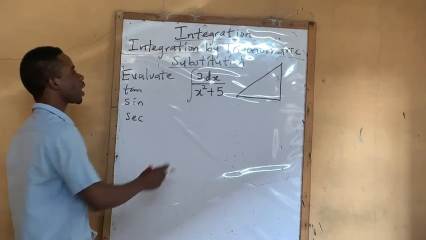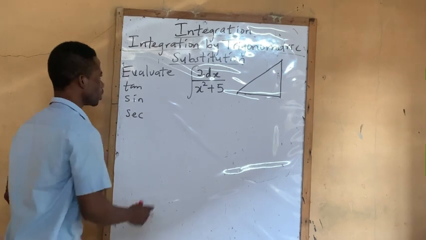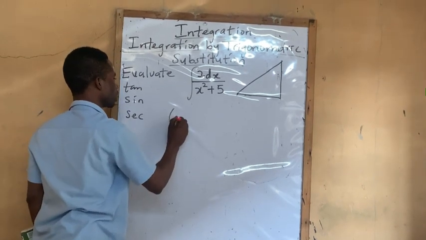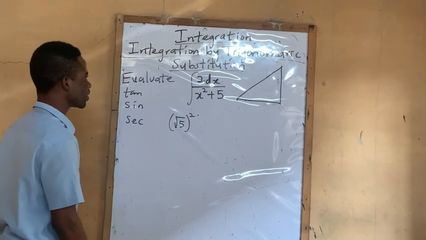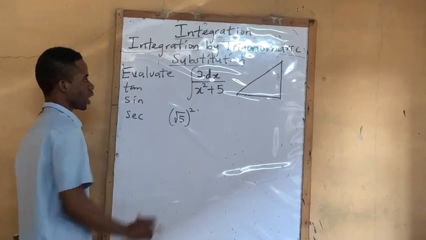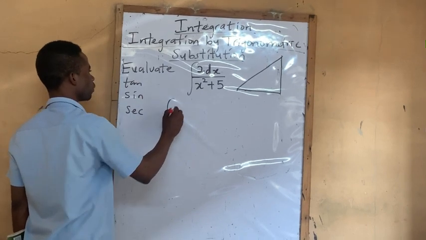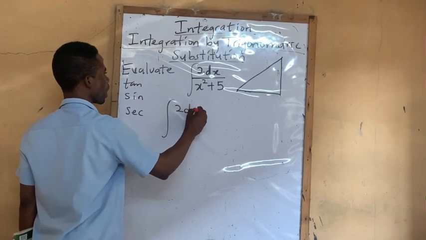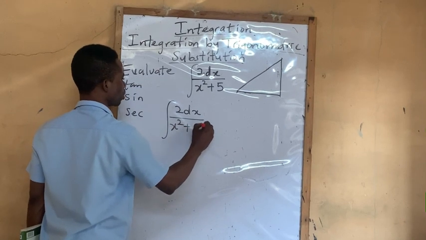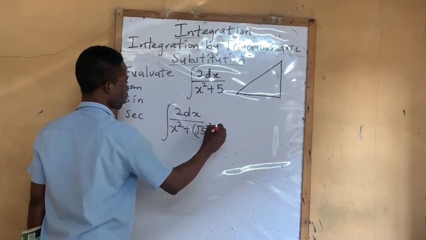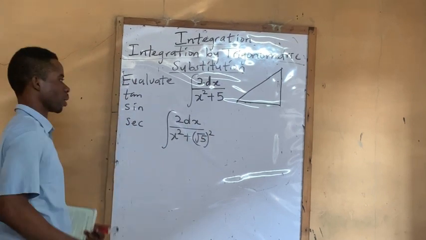What can I do with this 5 that will make it stand in form of a square? This 5 I can also write as root of 5 squared. That means I can rewrite the question as integral of 2 dx all over x squared plus root of 5 squared. It's still the same thing, because the square will cancel the root and give us 5 back.